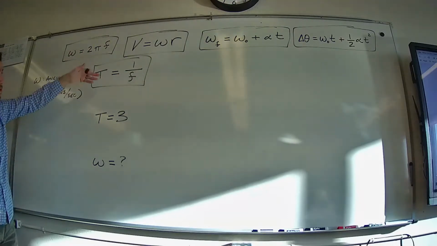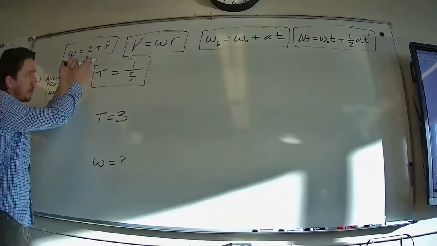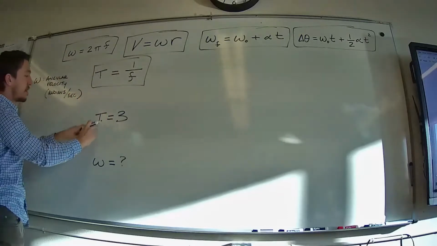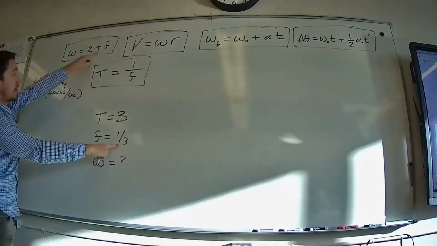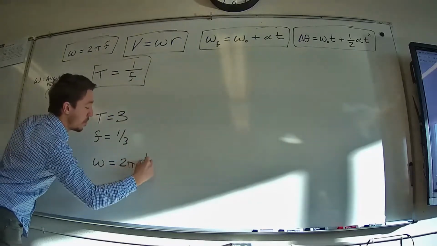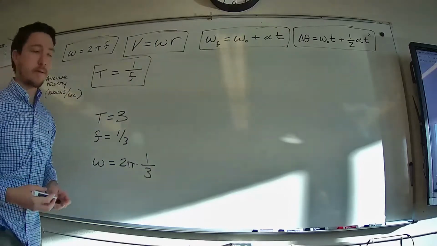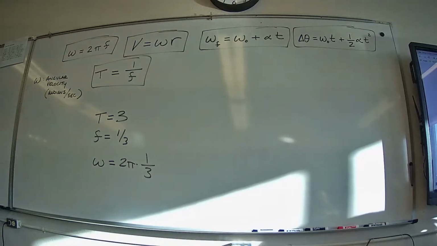If you do a substitution between these, you'd have one formula. But I like to keep it simple, minimize the number of formulas. So if the period is 3, the frequency is 1/3, and then just plug that in here, so you get 2 pi times 1/3, which is 2 pi over 3. Does that clear it up for anyone who's confused?